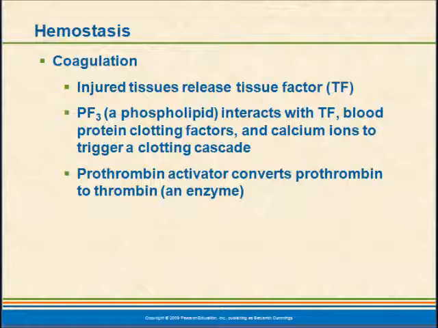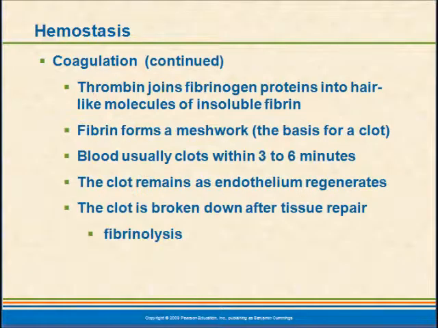We have a clot form. Thrombin joins fibrinogen. It makes these hair-like molecules of fibrin. Fibrin forms that meshwork, which is the clot. And we usually clot within 3 to 6 minutes.